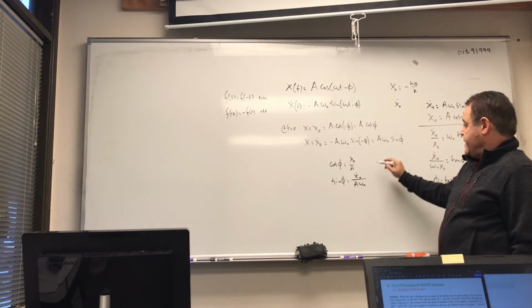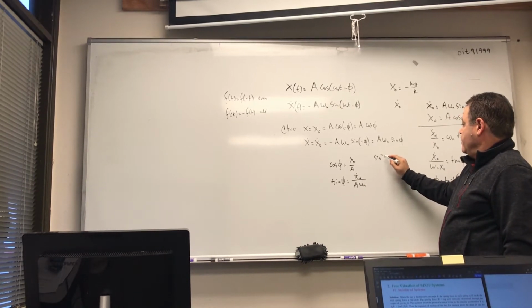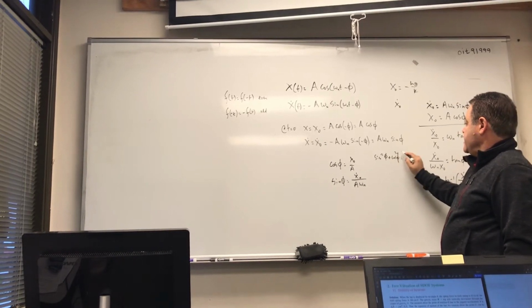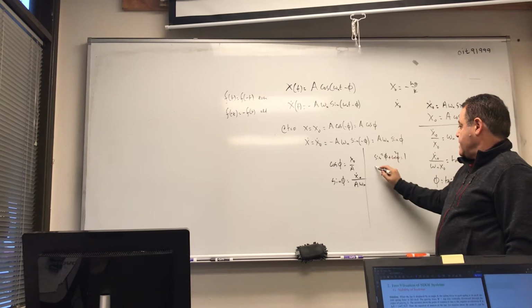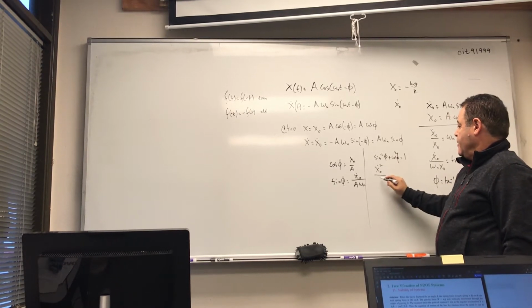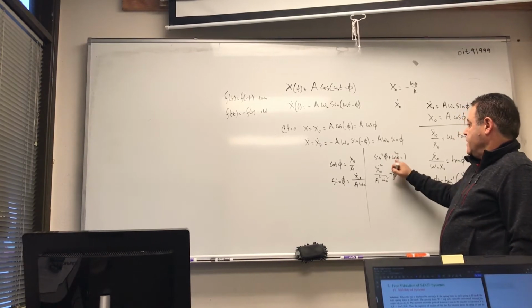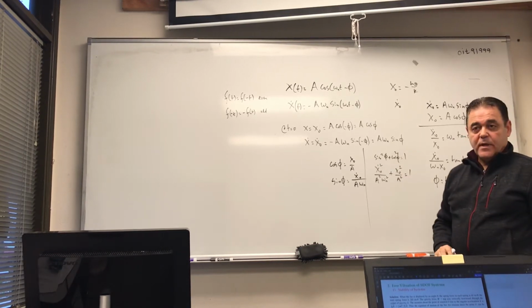Now if I can say that sine squared phi plus cosine squared phi is equal to 1, that means x dot 0 squared over A squared omega n squared plus cosine squared, which is x0 squared over A squared, is equal to 1.